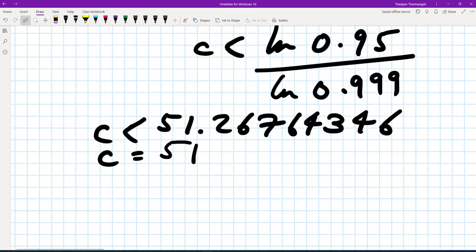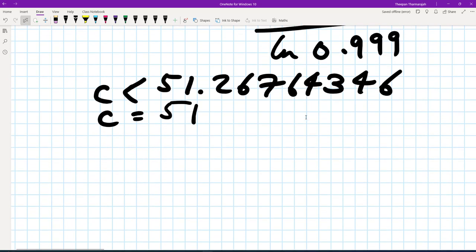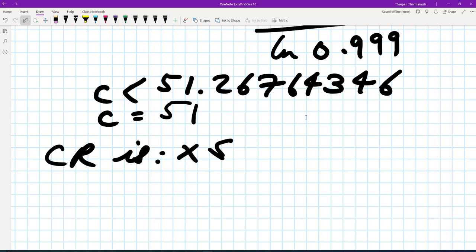So in other words, our critical region CR is X less than or equal to 51.